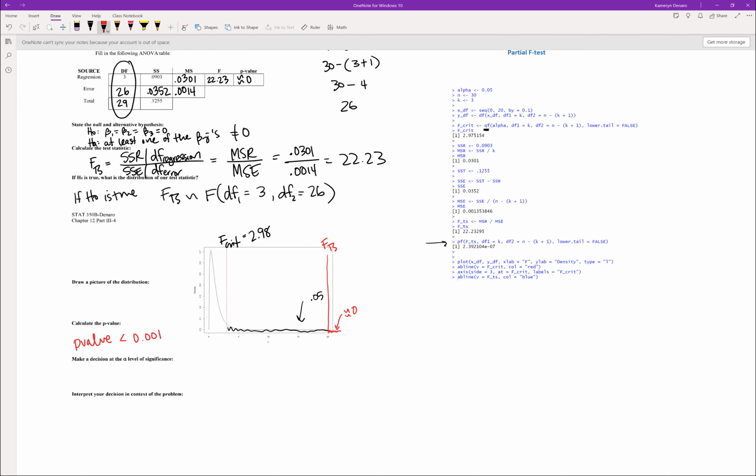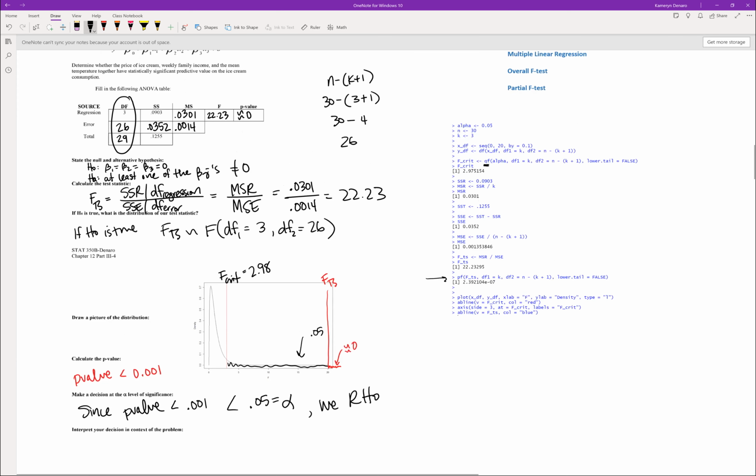Whenever we have a very small p-value, we can just bound it with 0.001. Okay, we can say since the p-value is less than 0.001, which is clearly less than alpha, we reject H0. So at least one of the beta j's is different than 0.